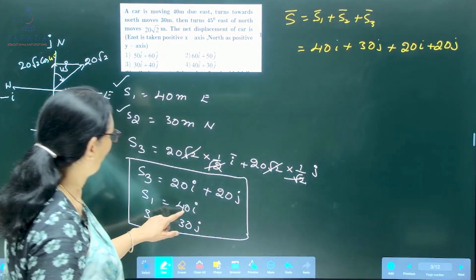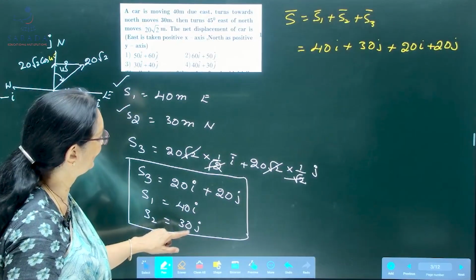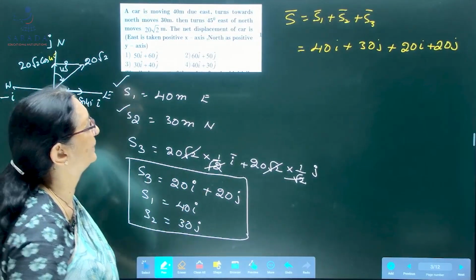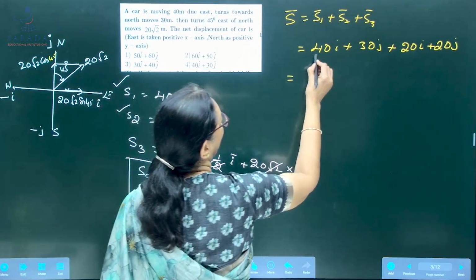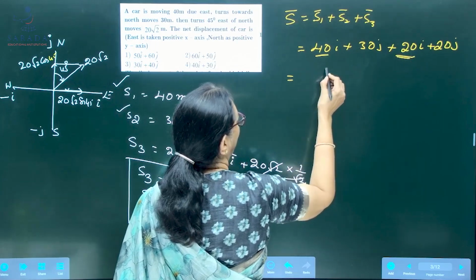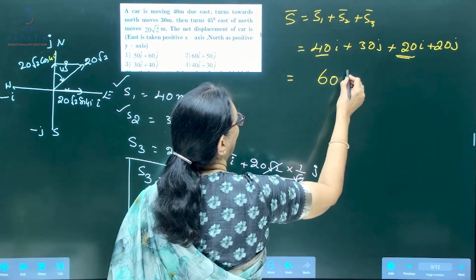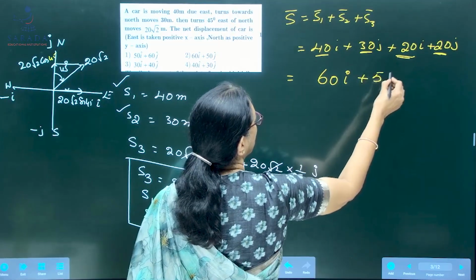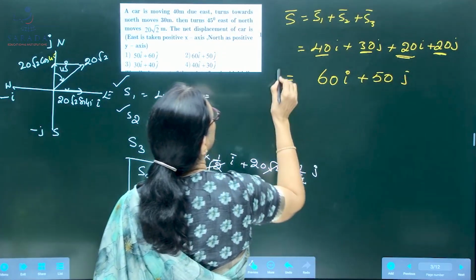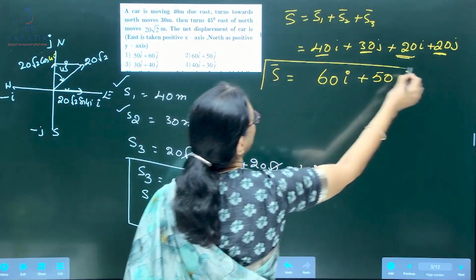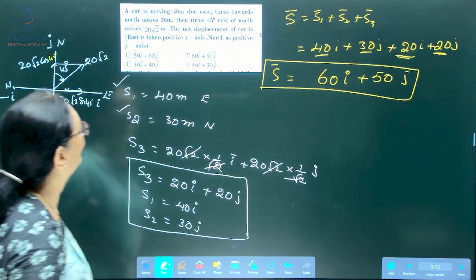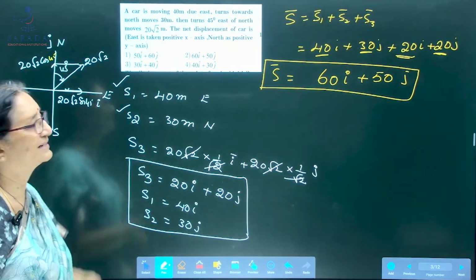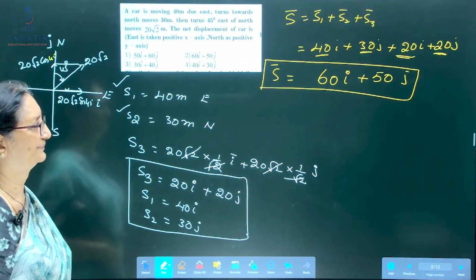See, 40i plus 30j plus 20i plus 20j. So here 40 plus 20, 60i, 30 plus 20, it is 50j. So the displacement vector is 60i plus 50j, that is your second option.